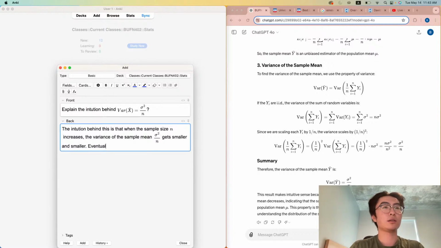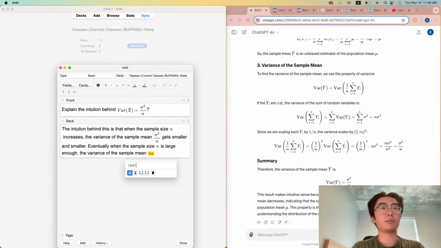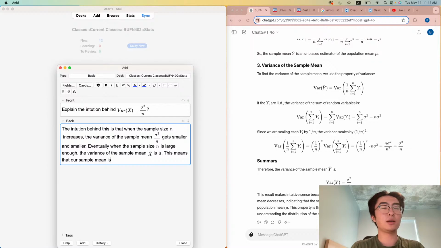Eventually, when the sample size n is large enough, the variance of the sample mean x bar is 0. This means that our sample mean is a damn good estimator for the population mean.